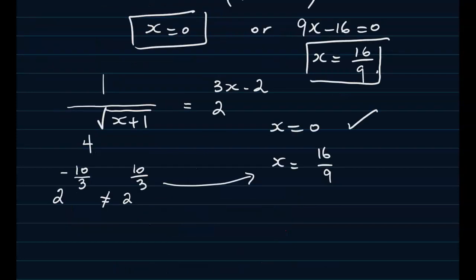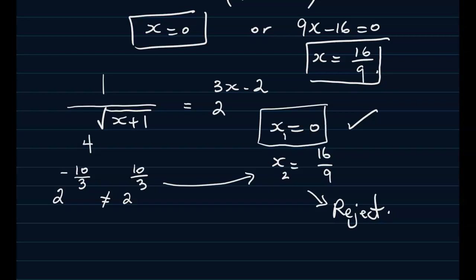For x equal to 0, notice that it actually works. But for x2 equals 16 over 9, it turns out that the left-hand side will give you negative 10 over 3, but the right-hand side will give you 10 over 3, so you have to reject that answer. The final solution for this is x equals 0. All right, that's it.